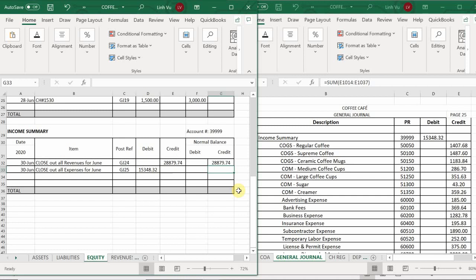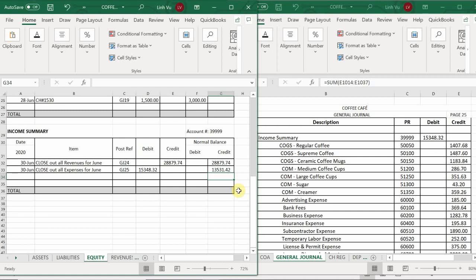Okay. And of course, if you work your formula right, your income summary should normally have a credit balance in this case, right? Because our expenses did not exceed our revenue. So you're gonna add any credits and subtract any debits, which should give you a total of 13,531.42.